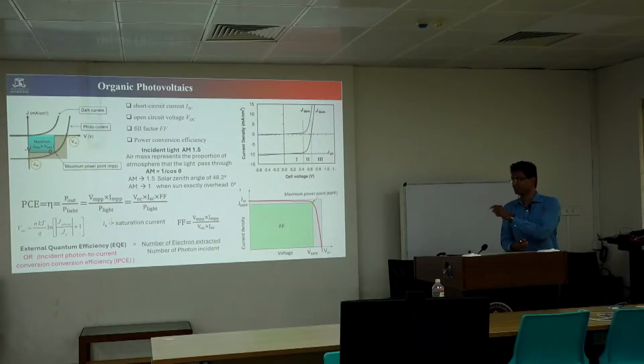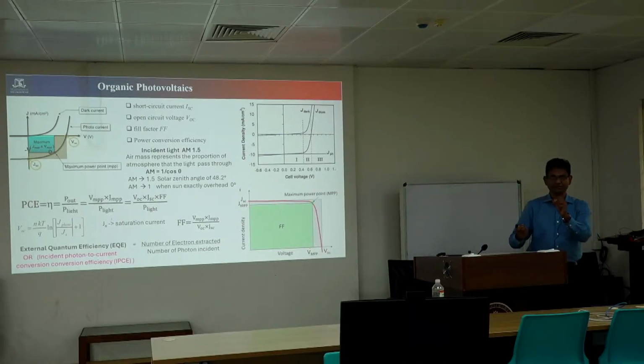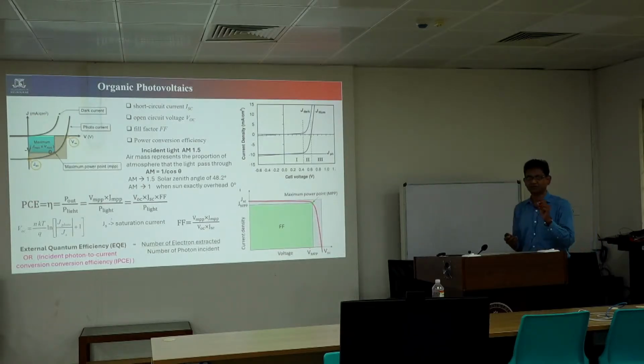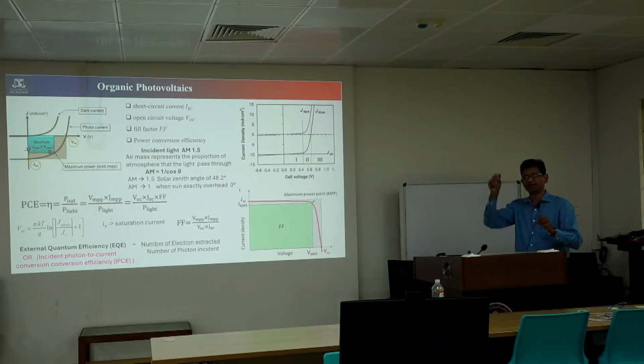So we can calculate, for each wavelength, how much power we get and how many electrons we get. We find the current for each wavelength, then integrate the whole thing, and then we get the total current.